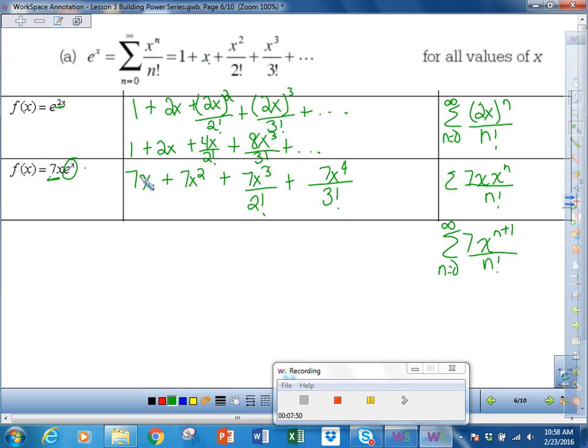Is that right? Because I'm multiplying everything by 7x, yeah, that would be correct. So when n is equal to 0, I would get just 7x, which is what I got here. When n is equal to 1, I'd get 7x squared. So that would work. Okie dokie?